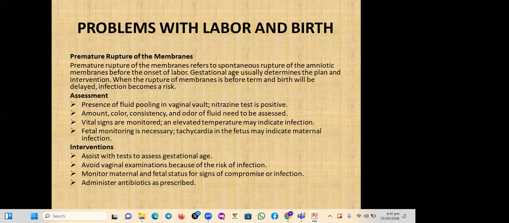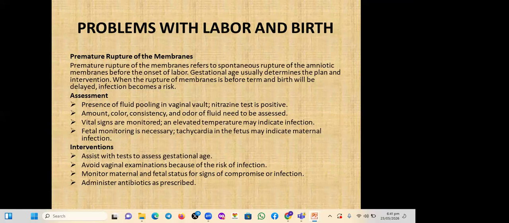When the rupture of the membrane is before term, and birth will be delayed, infection becomes a risk. That is what I just said. So action largely depends on the gestational age. If the person is at term, no problem. We can induce labor for the person to deliver just to prevent complications of infection.